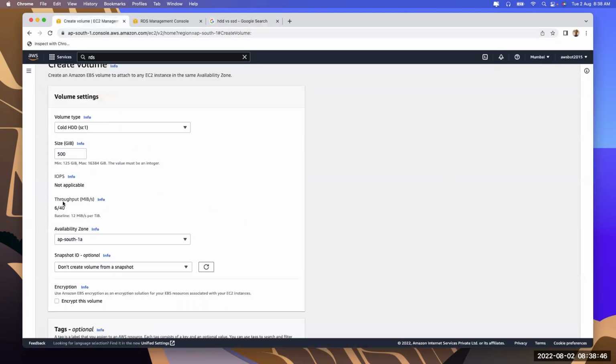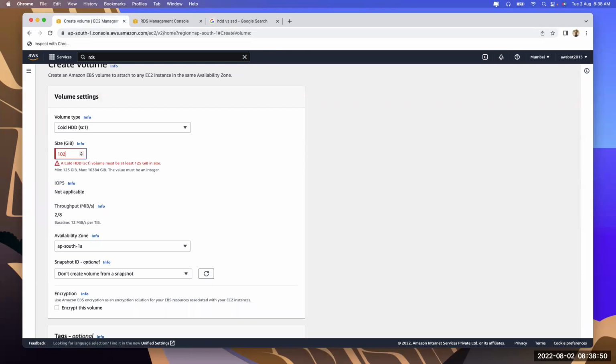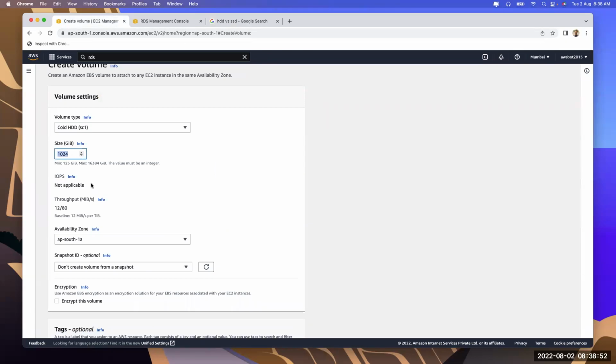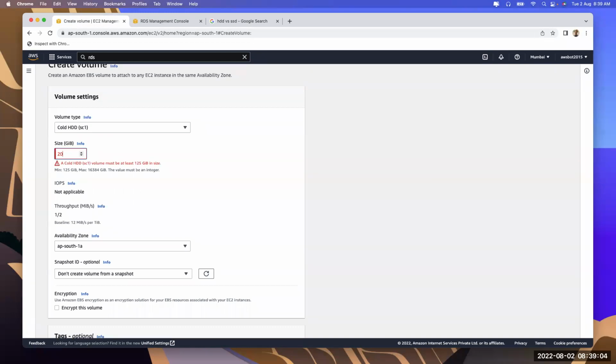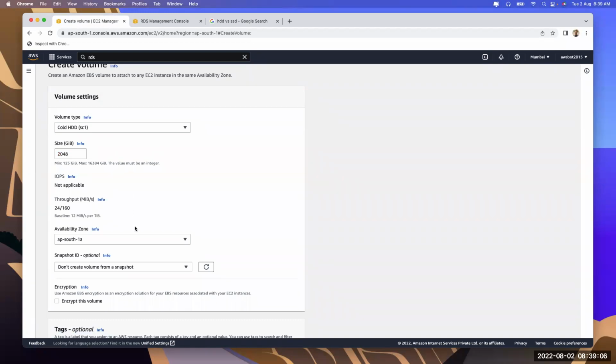The good thing is they will support your bandwidth. So for each 1 terabyte, like if I go for 1024 GB, I will be giving you 12 Mbps. So 1024 will give me 12 Mbps, but nonetheless, if I need more, I can go up to 80 Mbps. By that logic, if I go for 2048 or 2 terabytes, it will become 24 Mbps.